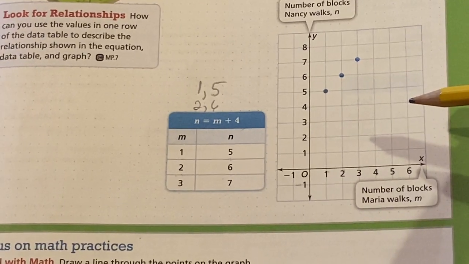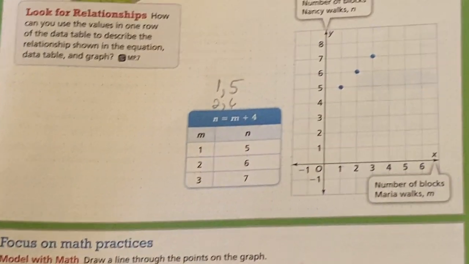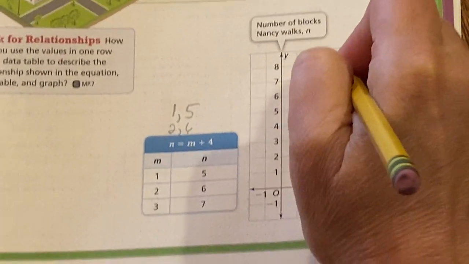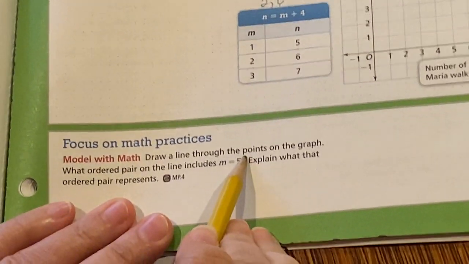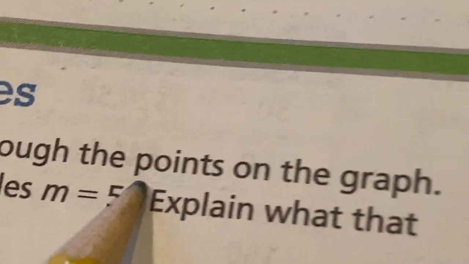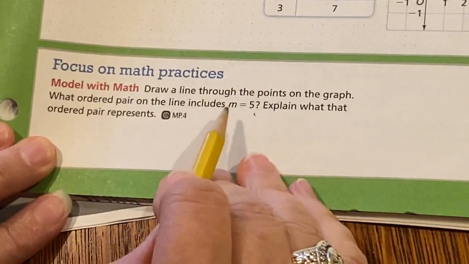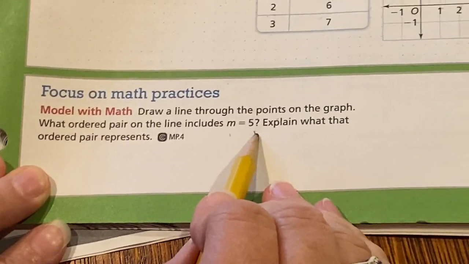Super cool. All right, then in Model with Math, it says draw a line through those points. Notice it says points. Cameraman, could you zoom in on points? Don't you call it a dot. I'm not kidding. Points. Okay, through the points on the graph, what ordered pair on the line includes M equals 5?